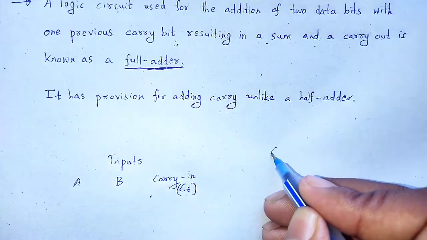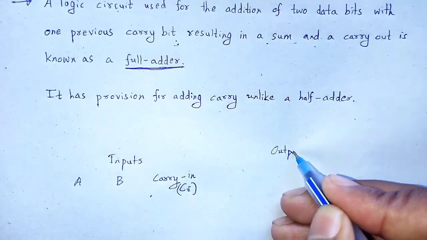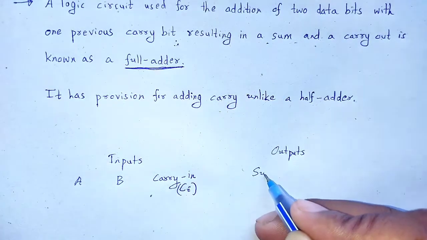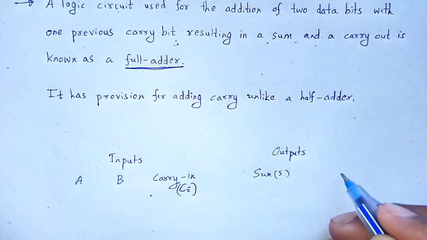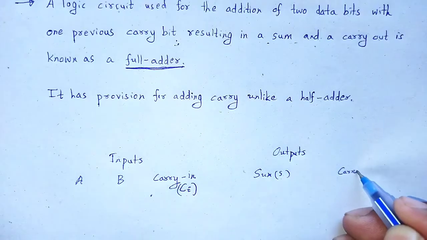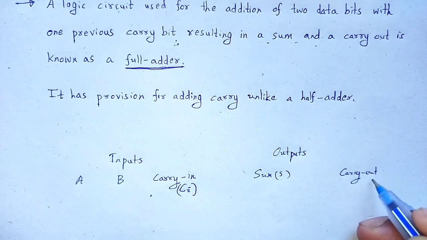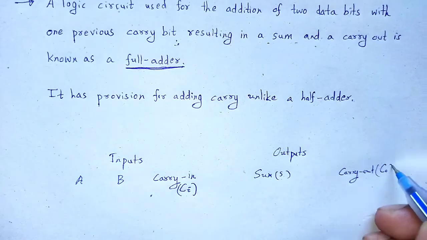Next, in the output section, the same as before: a sum S and carry out CO.